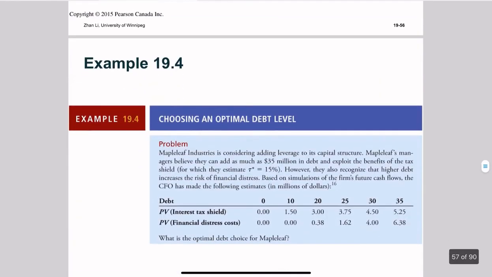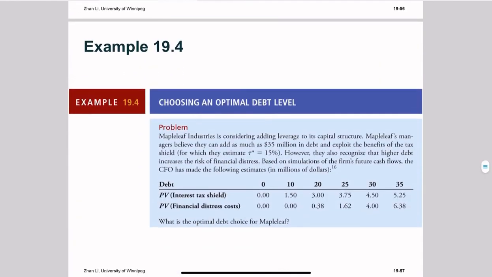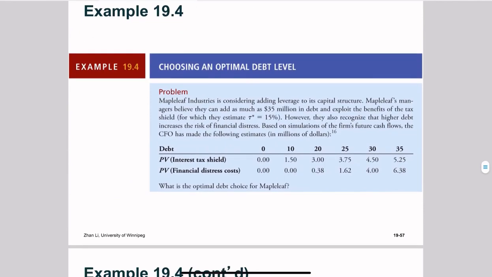Okay, now let's look at this simple example. So Maple Leaf is considering adding leverage to its capital structure. And we assume its managers believe they can add as much as $35 million in debt and get the benefits of the tax shield.